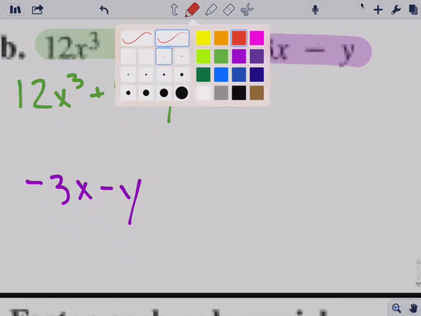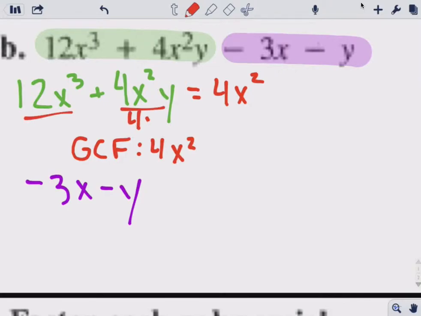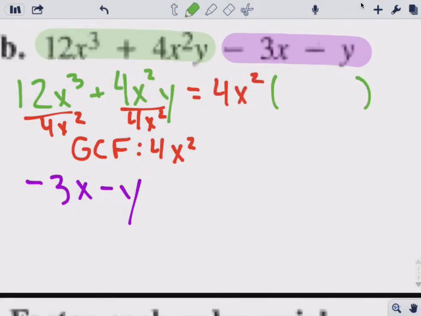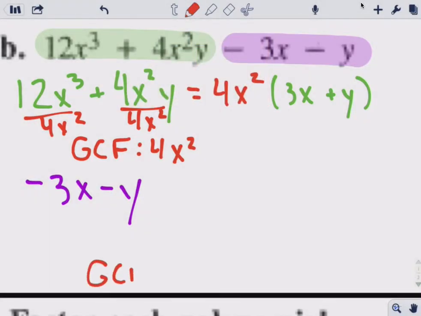For the top one, I have a GCF between 4 and 12 of 4, and x squared in both pieces. So I can pull out a 4x squared, and remember that's essentially the same as dividing both things by 4x squared. When I do that, I'm left in parentheses with 3x plus y. If I come down to the bottom one, I've got a GCF of negative 1.